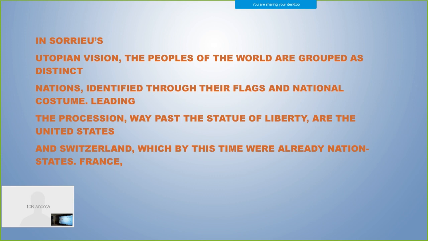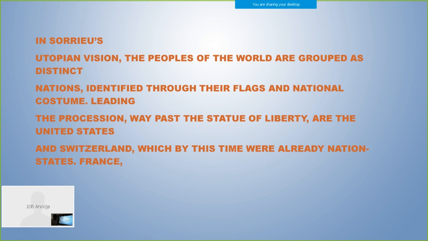The first is the United States, the second is Switzerland. At that time, these countries were created as nation states. A nation state is a situation in which the country has already turned into a full-fledged nation with a definite government.